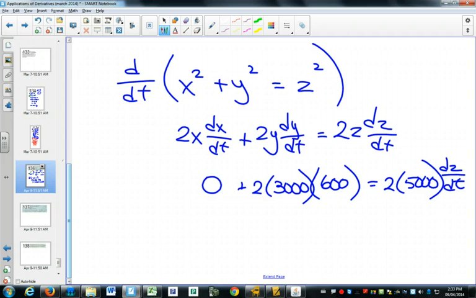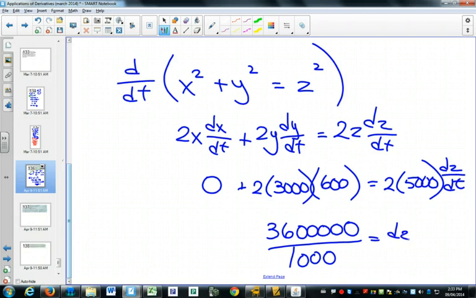So, big numbers, divide by 10,000, 6,000. Is that right? Do I have too many zeros? 5 on the top, one more on the bottom.